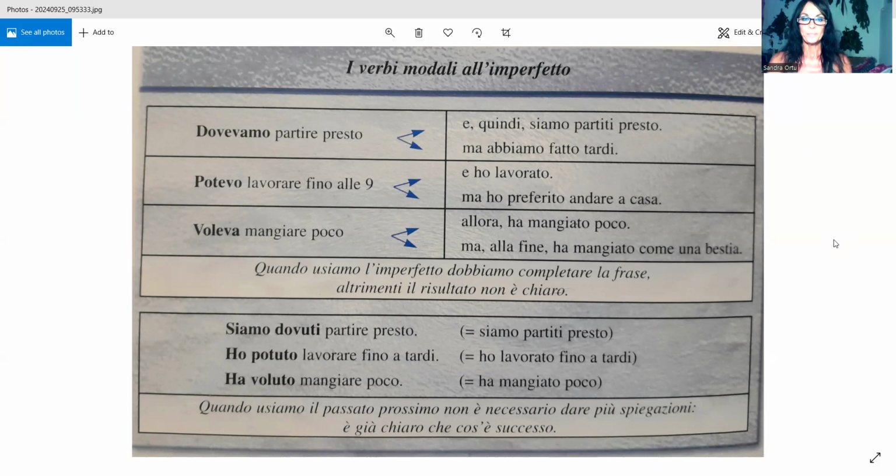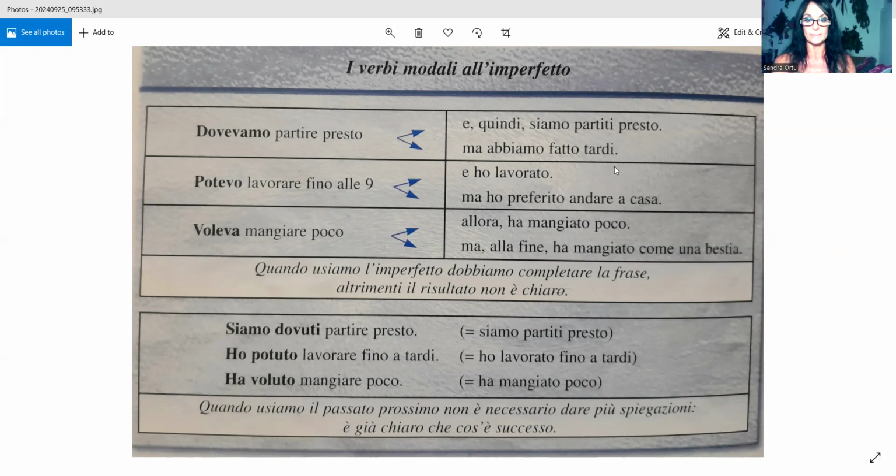So this session in particular will cover these modal verbs in the past, not in the present tense, but in the past. Imperfetto and passato prossimo, because they need to be used in a certain way, and they do have specific translations, specific meaning according to the tense. And you have to be quite careful how to use them.